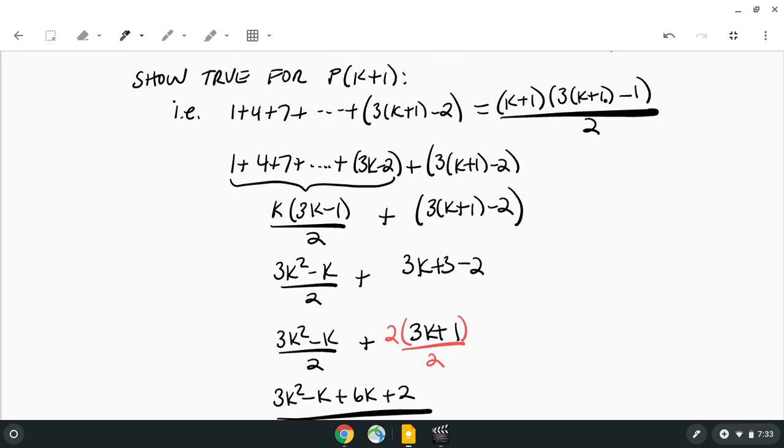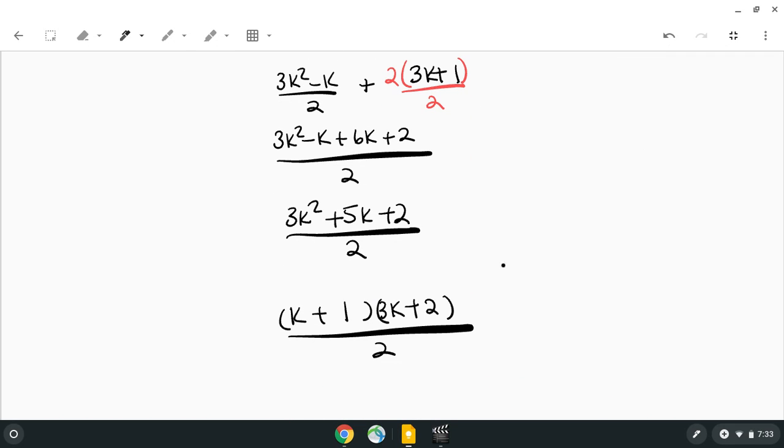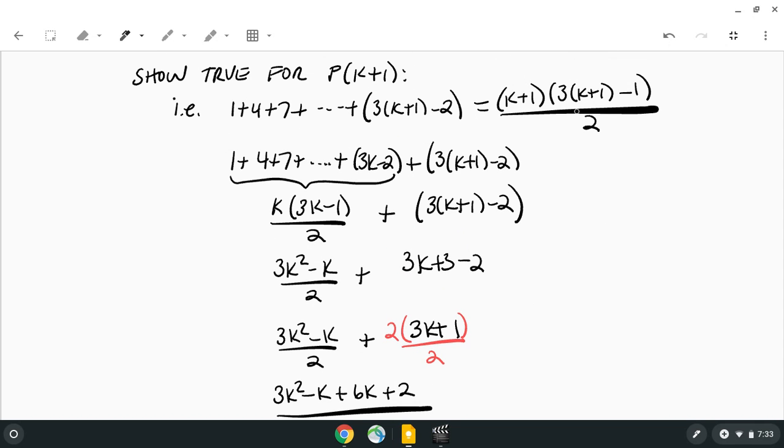3 times k plus 1 minus 1. If I distribute all of this, I get 3k. 3 minus 1 is 2. 3k plus 2. And that's what we have here. So we can just rewrite it like this.